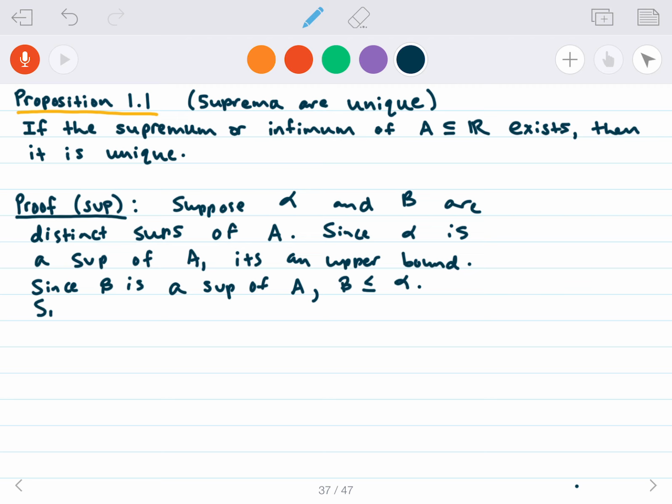And similarly, since alpha is the supremum and beta is an upper bound just by definition, alpha is going to be less than or equal to beta, and this implies that alpha equals beta by property 1.1 F.